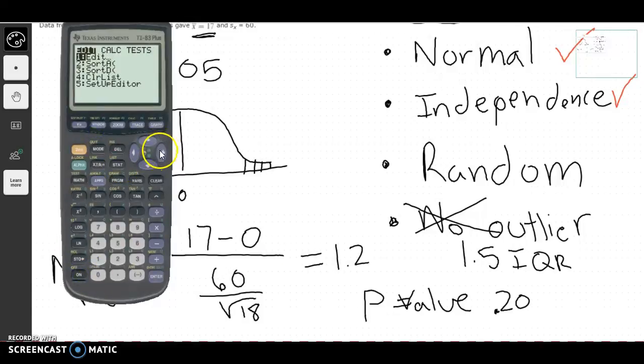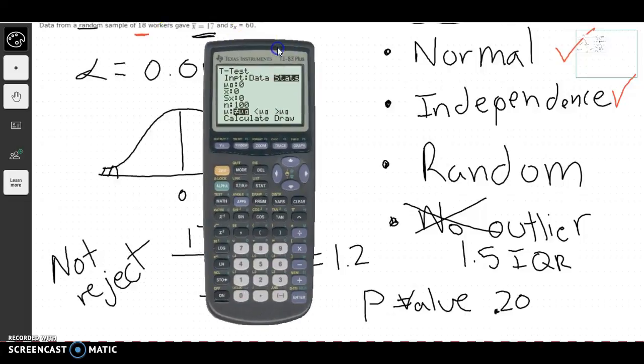We could do this on our calculator with a little more ease. We go to the stat button, then tests, then the t-test. You have a choice to use data or stats. For this we just have stats. Our assumed mean was 0, 17 was our sample mean, and the standard deviation was 60.